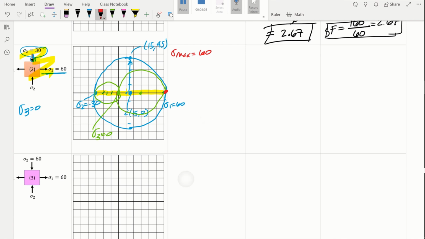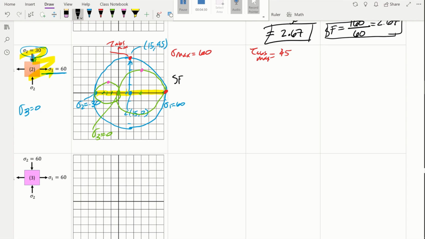We got one from this little circle, one from this next biggest circle, but the absolute largest shear stress is this one on the blue circle. So this is the absolute maximum shear stress. That one has a value of absolute max of 45. So with these two values, we can go ahead and calculate the safety factor.